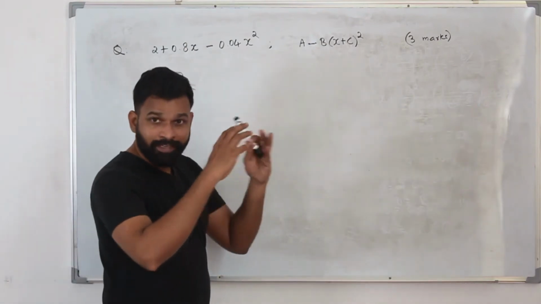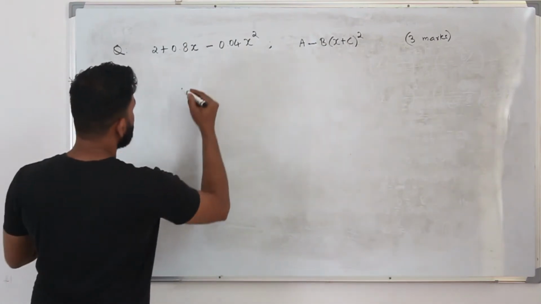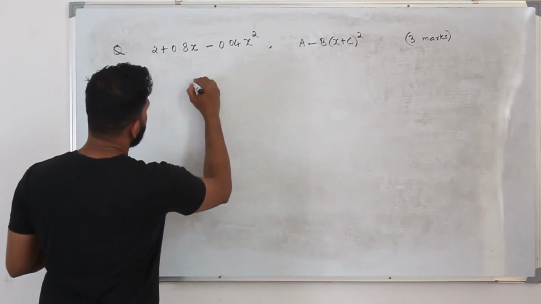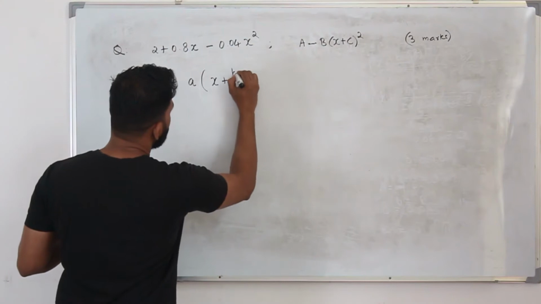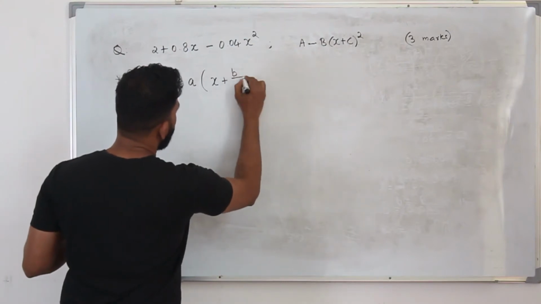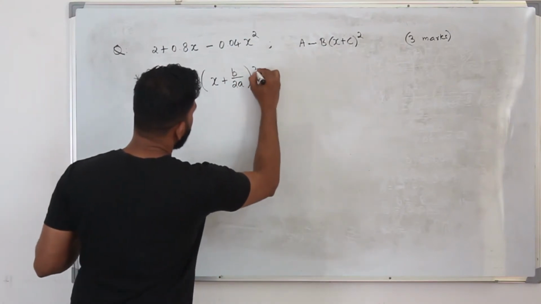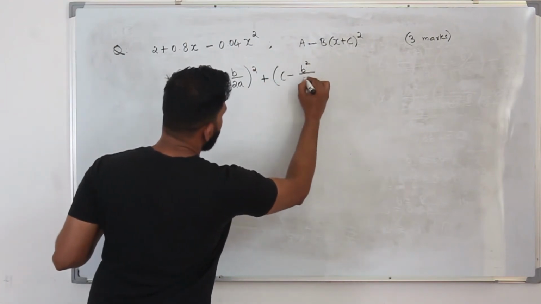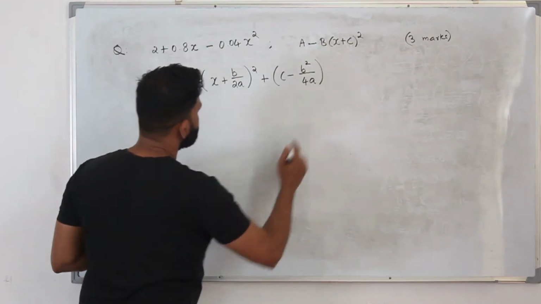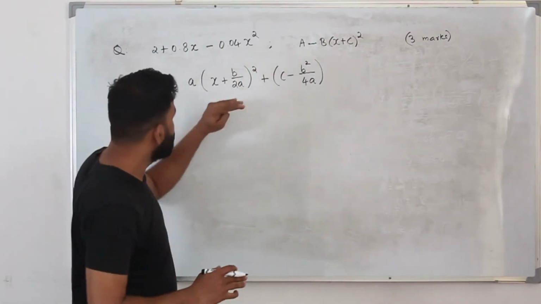I'm going to apply the derived formula, which is much easier. The formula is a into (x plus b upon 2a) whole square plus c minus b square upon 4a. That's it. Memorize this. It will be very useful.